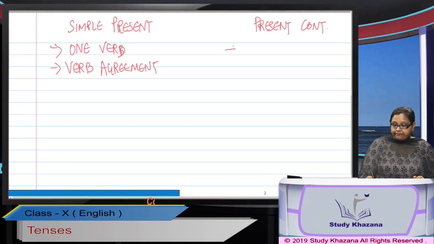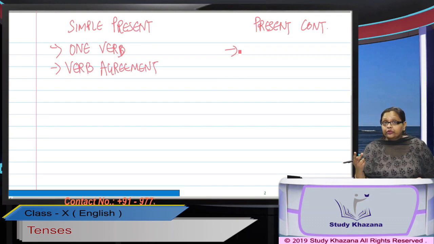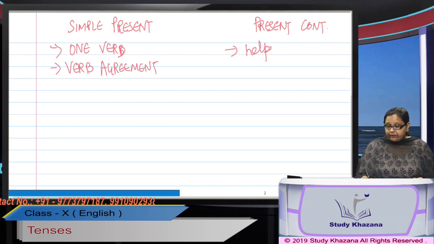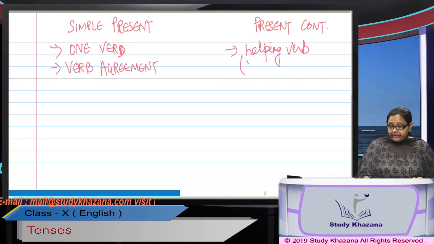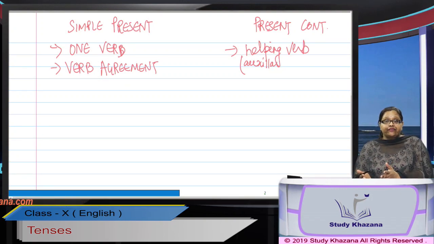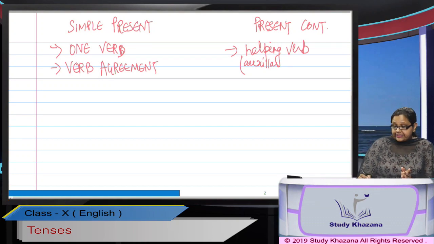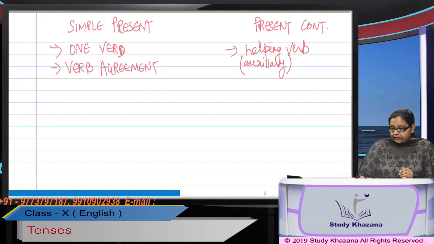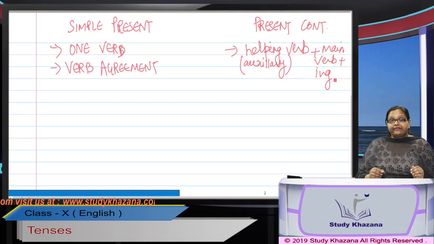On the contrary, present continuous comprises of two verbs. One is the helping verb. The grammatical term for helping verb is auxiliary. So if you see auxiliary, don't get confused. Auxiliaries and helping verbs mean the same. Auxiliary is the grammatical term and helping verb is the easy term. Plus the main verb comes in the ing form. That is the main difference.